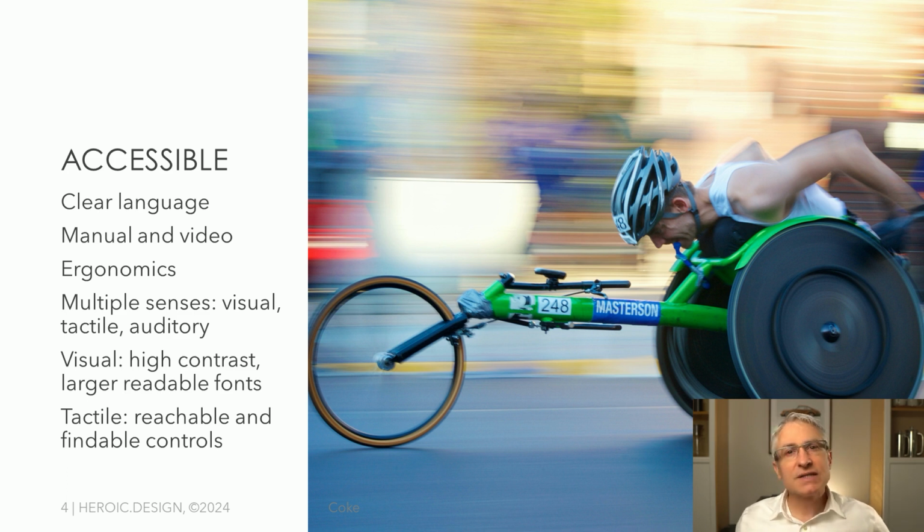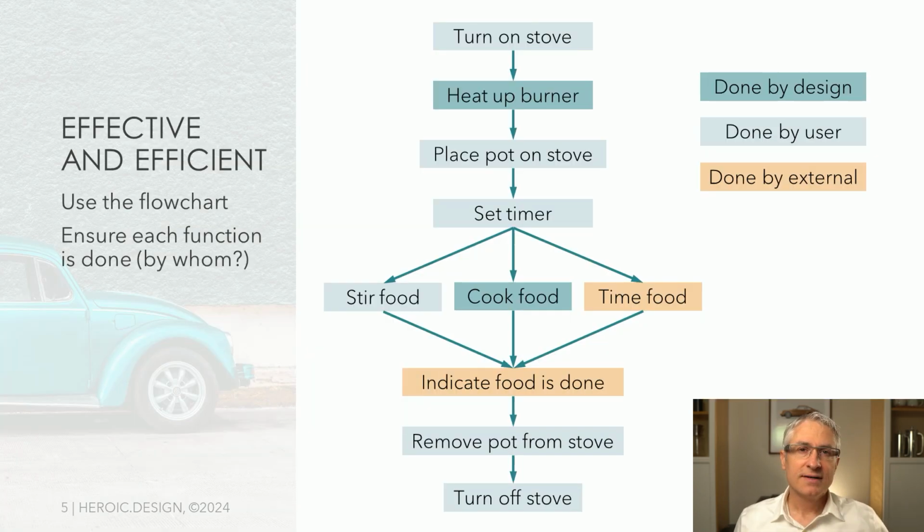For audio cues and language, again, use clear and simple language as well as closed captioning or other visual signals like lights. There are likely a lot of assistive technologies in your field, so find them and ensure your design is compatible. And when you are prototyping, choose people with a wide range of abilities.